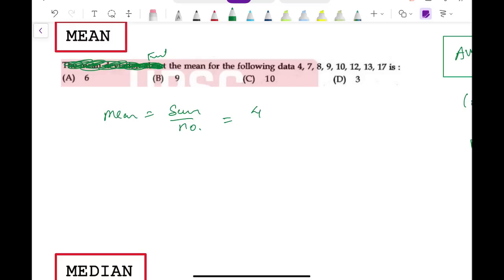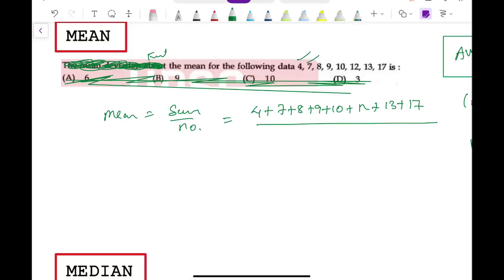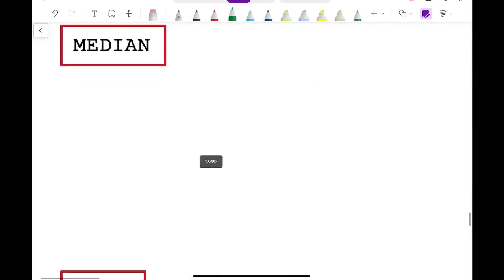You just sum this: 4 plus 7 plus 8 plus 9 plus 10 plus 12 plus 13 plus 17, so this option will be wrong since I'm changing the question. Divided by, how many terms do we have? 1 2 3 4 5 6 7 8. 8 terms. So you sum the terms and divide by 8, and you'll get the answer. I'll leave this one for you guys because time is running out.